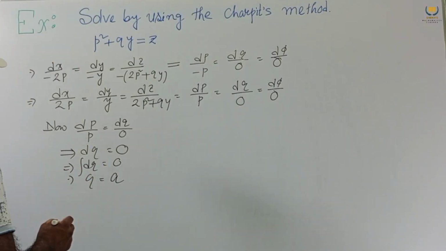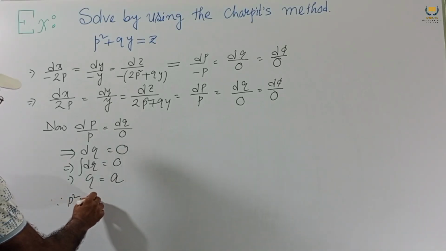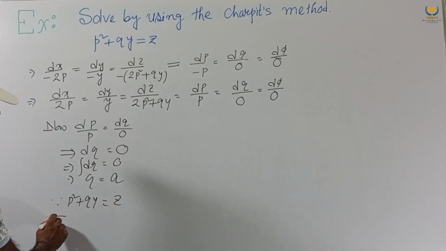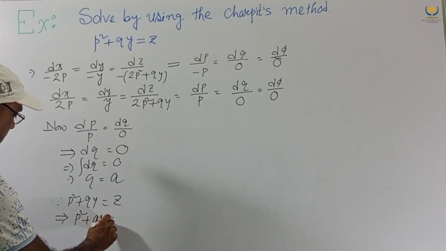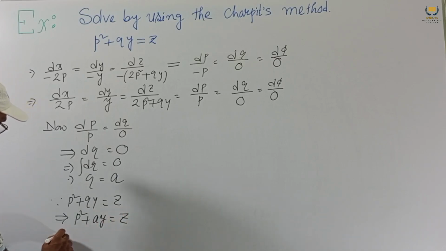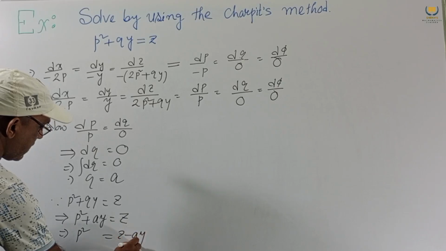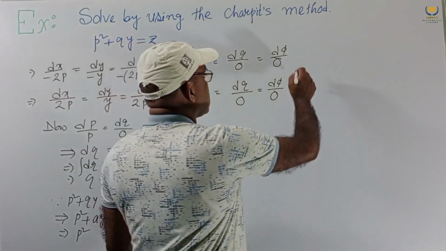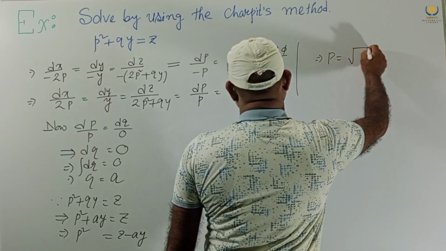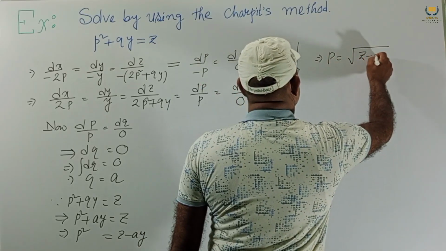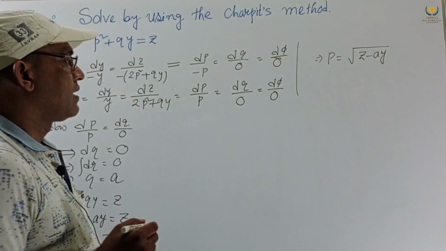Putting this value of q here, since p square plus qy equal to z, p square plus ay equal to z, and p square equal to z minus ay. This implies p equal to root over z minus ay. So we get our p.